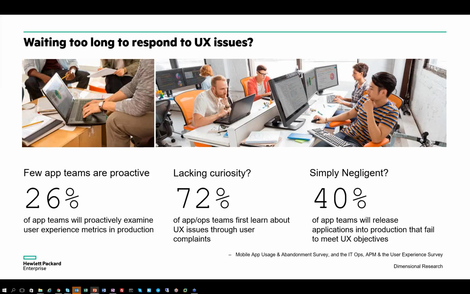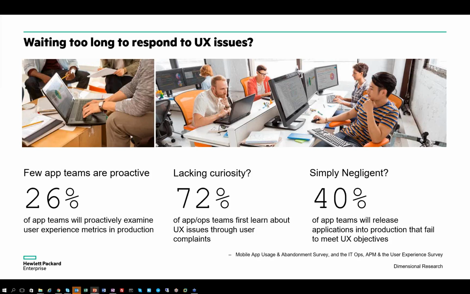It's what we call monitoring by the end users. About 40% will actually release the application into production without having tested all the user experience criteria. So they don't always meet those criteria.